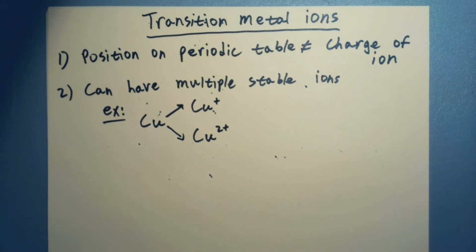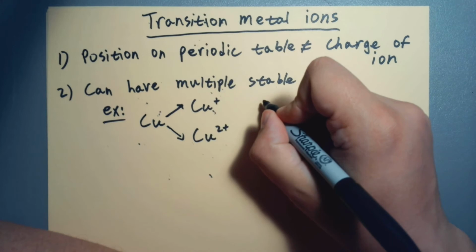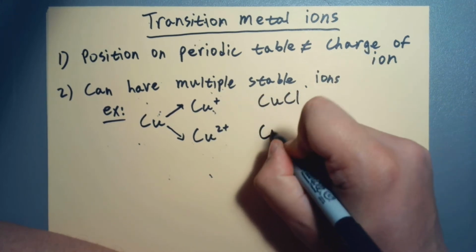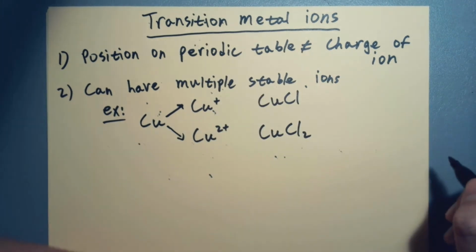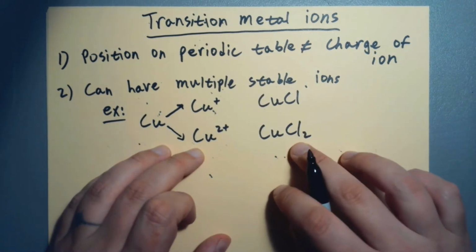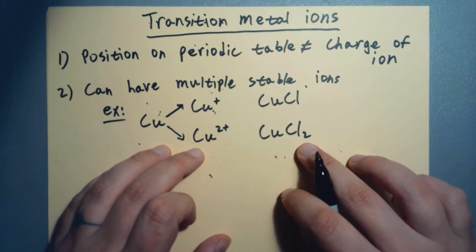Now, when we talk about naming things, one of the very important details is one name, one compound. Right? So if we mix this with the chloride ion, we get two different formulas. Because this is a +2, chloride's a -1, so you need two -1s to cancel out. So you get CuCl2.